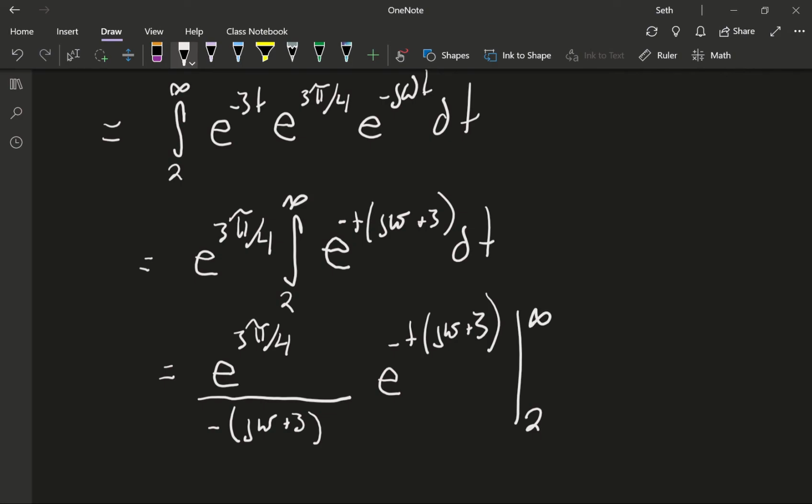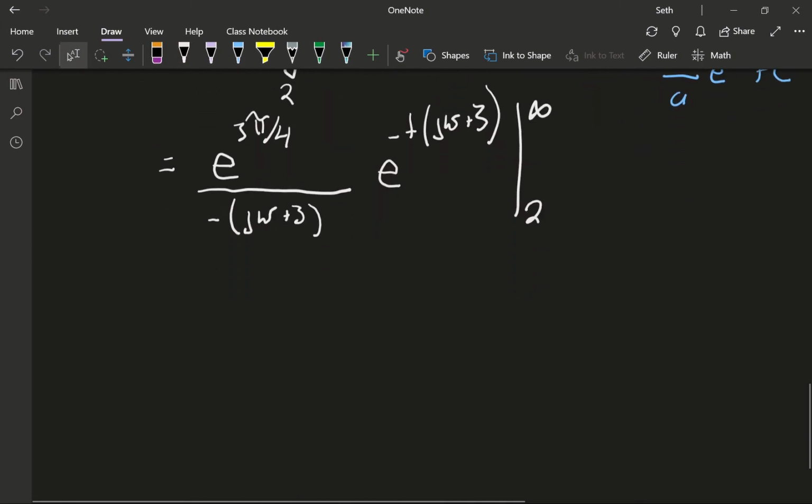If you don't know this for some reason, what we did here was that's an antiderivative. This is an integral, so we didn't need the plus C, constant of integration.